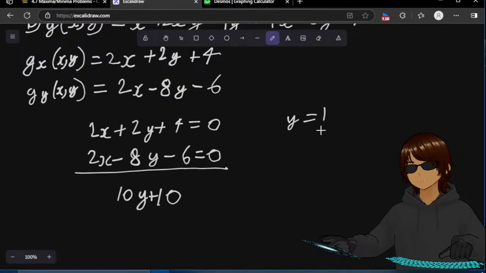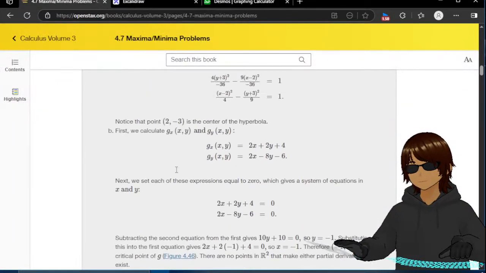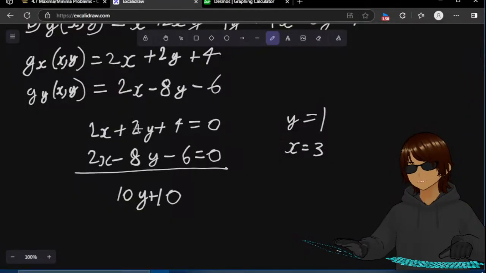So y is equal to 1. If y is 1, 4 plus 2 is 6, x is 3. Is that correct? Y is equal to 1. Y is equal to negative 1, actually. Then x is equal to positive 1.